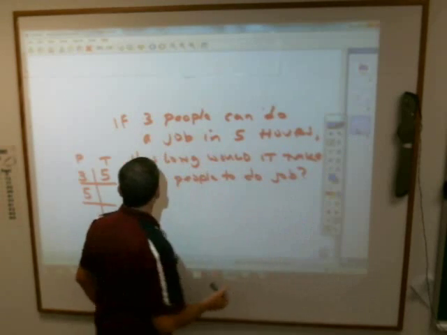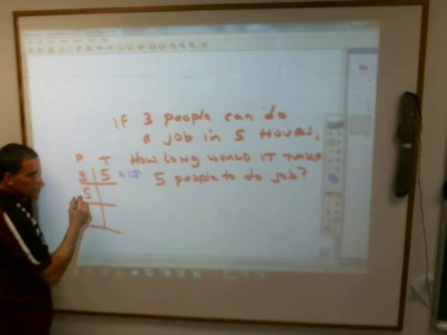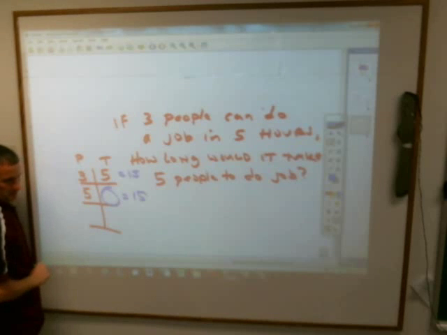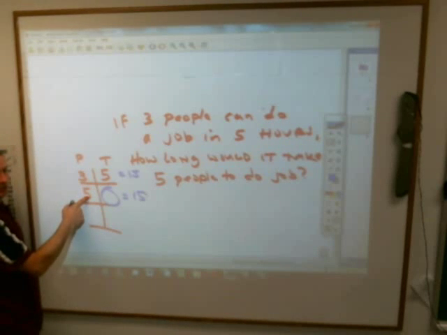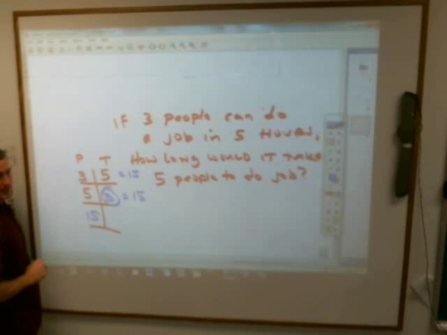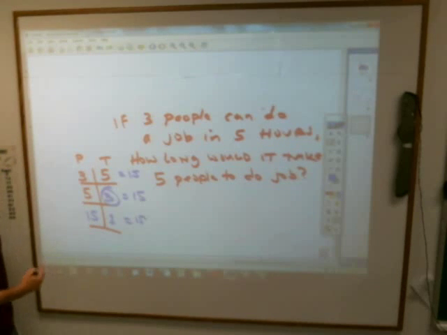So these two numbers multiplied together equal 15. 5 times this number has to also equal 15. So 5 people, it would take how long? 3 hours. If you had 15 people, it would take them how long to do it? 1 hour. Because they have to always equal the same thing.